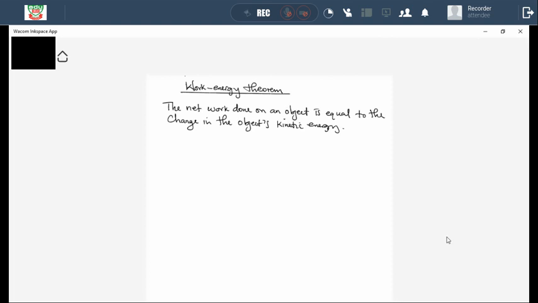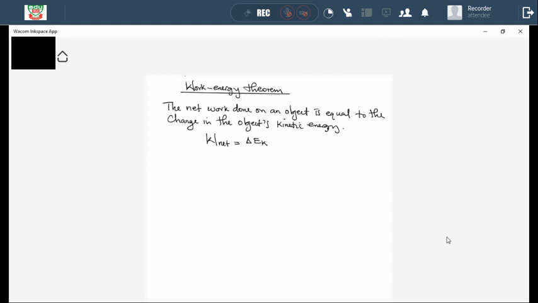And remember, when we calculate change in kinetic energy, it's always final kinetic energy minus initial kinetic energy.